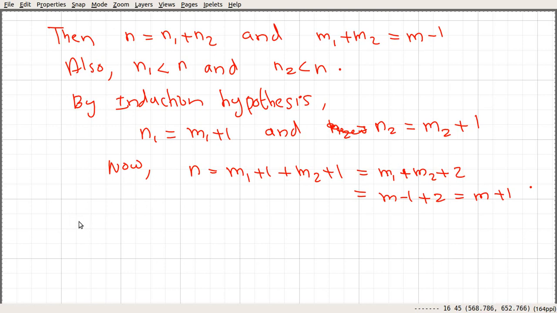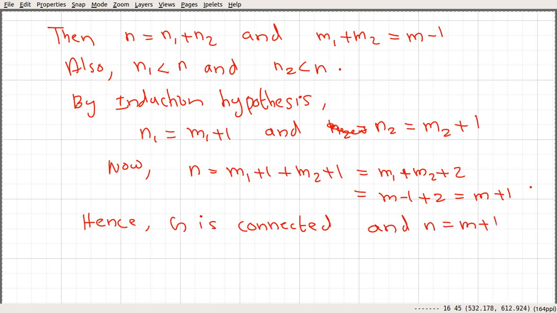Okay, so that's it. Hence G is connected, which we proved earlier, and n is equal to m plus 1. So that's the proof.